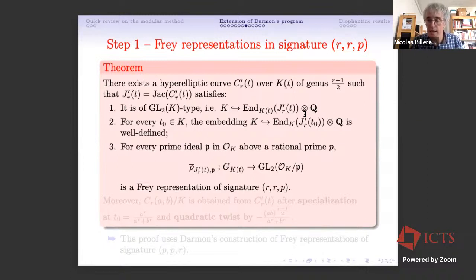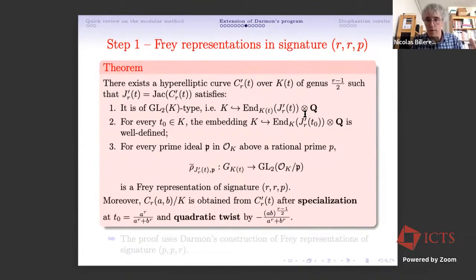And exactly as before, where we have seen that the classical Frey curve was obtained after specialization and twisting from a family of elliptic curves over a function field, our Frey hyperelliptic curve constructed by Kraus, CR of AB, is obtained from that hyperelliptic curve over a function field after specialization and quadratic twist.